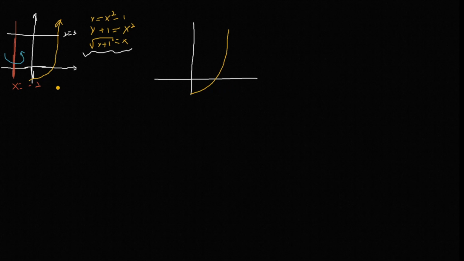So if we imagine here for a second, we have our actual line of rotation. This is our axis of rotation. So it's going to kind of go out like this, the same distance.